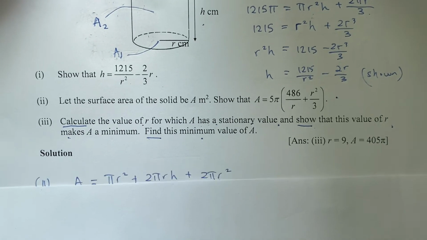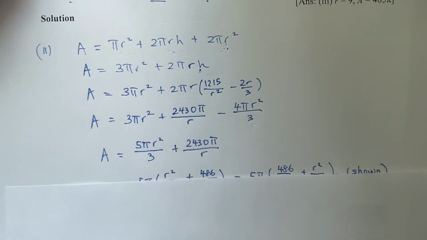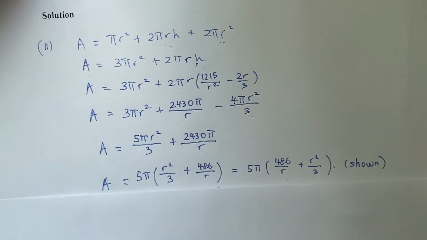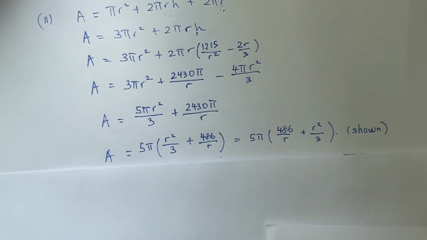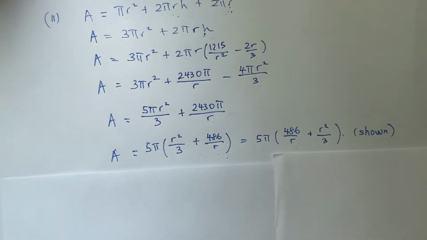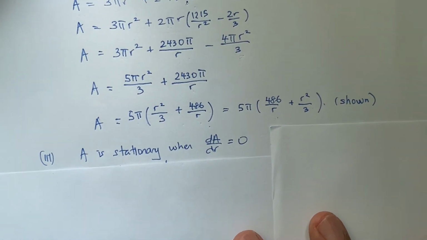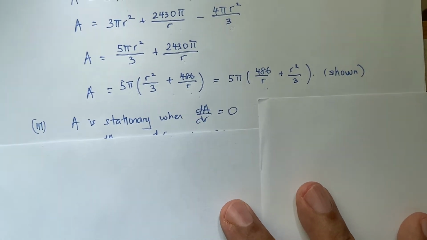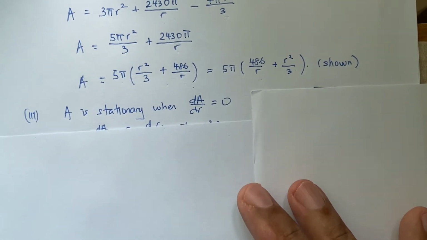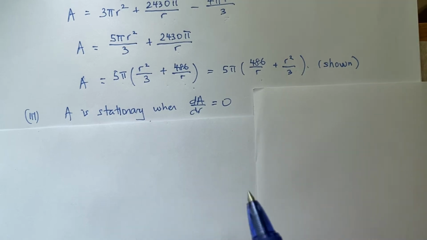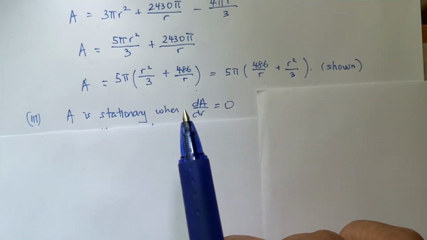First, at the stationary value of A, we know that dA/dr must be equal to 0. So we're going to find dA/dr and then set it to 0.